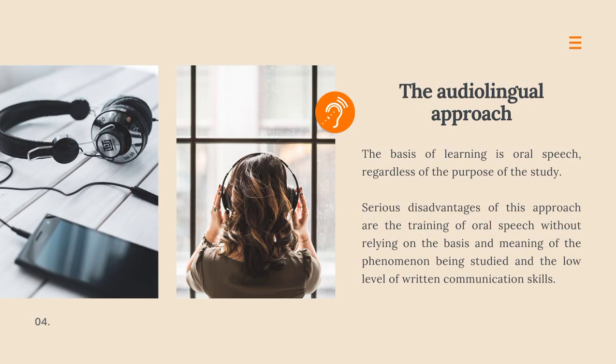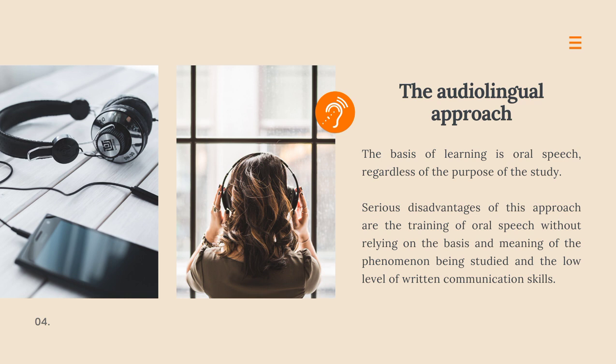One of the main traditional methods of learning foreign language is an audiolingual approach. Within the framework of this method, language is considered as a means of oral communication. The basis of learning is oral speech, regardless of the purpose of the study.